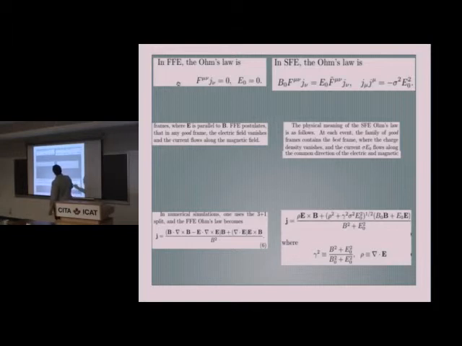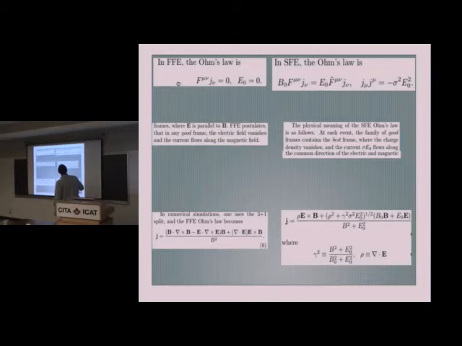Now the physical meaning. Remember, there are these good frames where E is parallel to B. Force-free electrodynamics postulates that in a good frame, the electric field vanishes and current flows along the magnetic field. Strong field electrodynamics postulates that there is a best frame of the good frames.